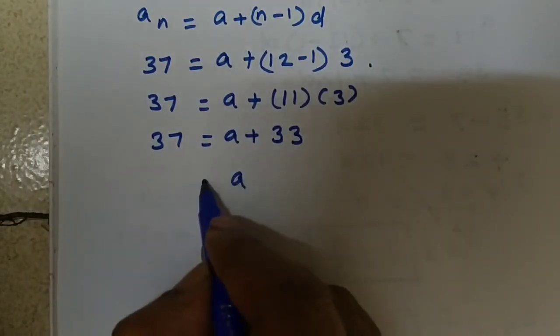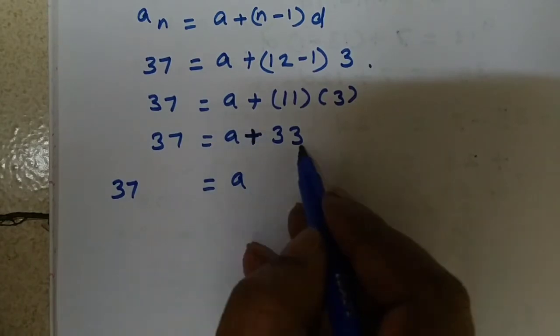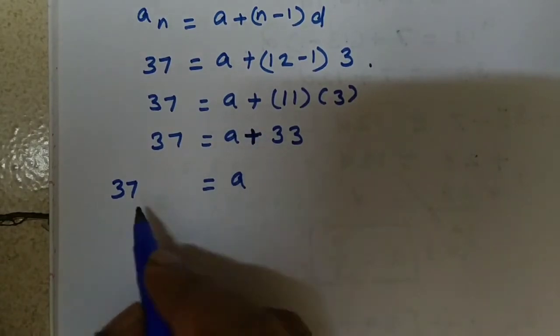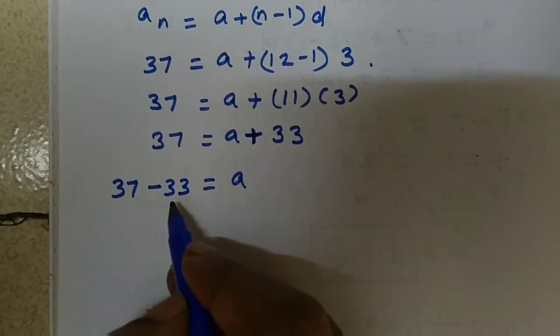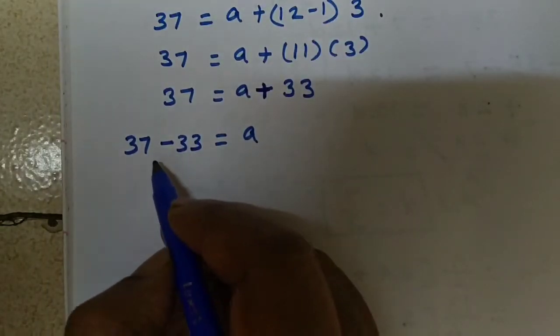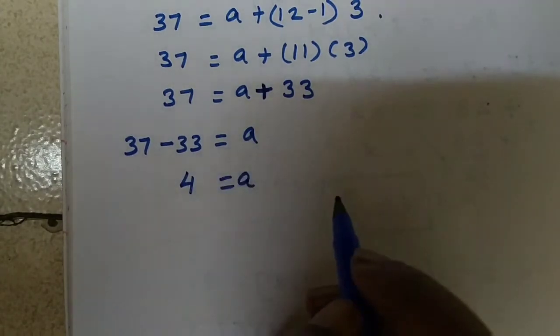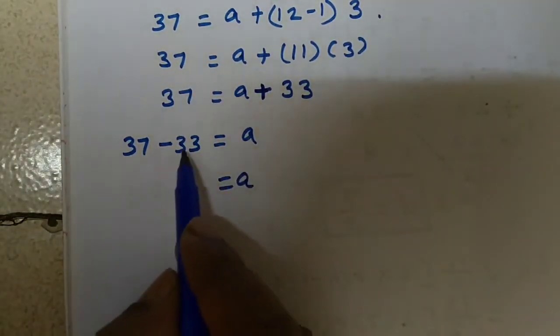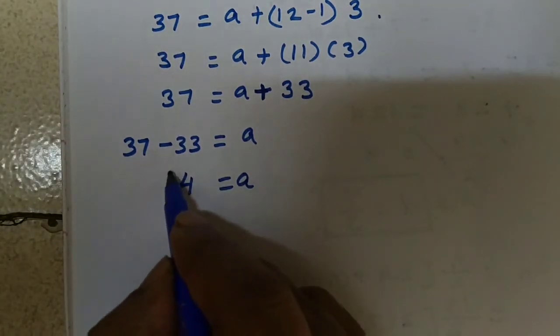The value of a is 37 minus 33, taking to the other side of the equation will become minus 33. 37 minus 33 is 4. So the value of a is 4.